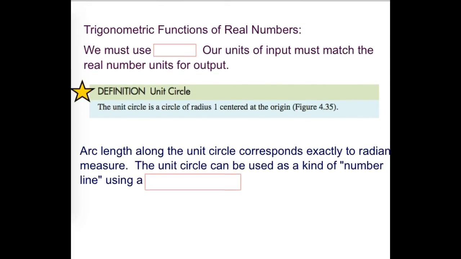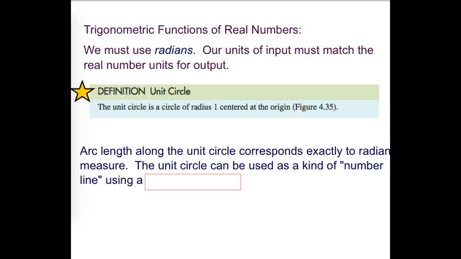All right. So, trig functions. We've found trig functions of basic angles. We are going to look at what happens if we use radians now. So trig functions for any real number.